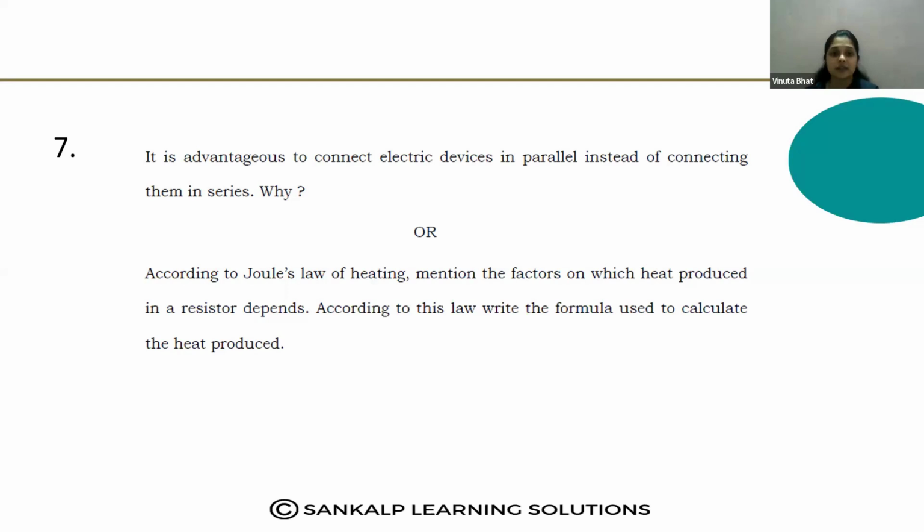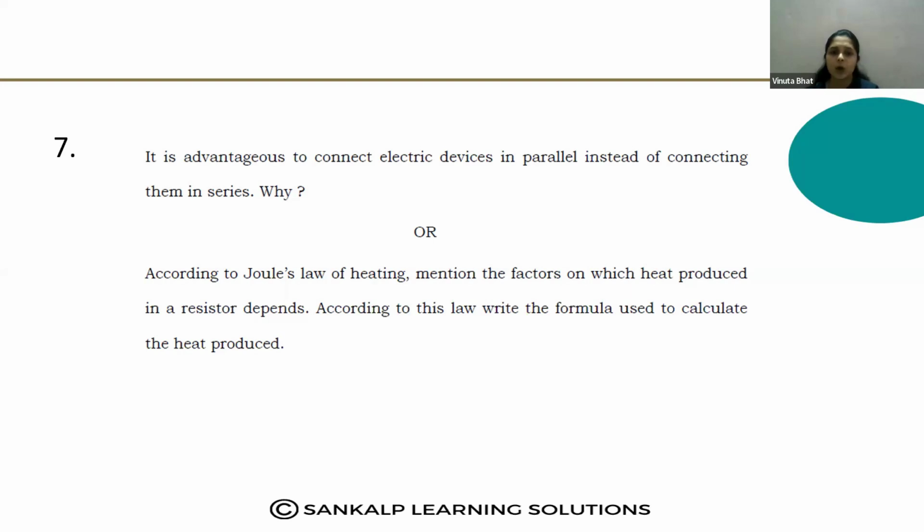It does not divide the electric current on the basis of resistance, but the parallel connection does. So if one device breaks down in the circuit, it will not affect the other devices. So that is the reason.